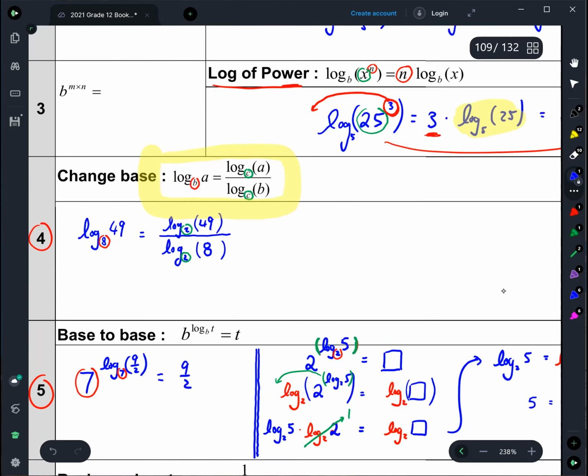Okay, so let's make up an example again, just a random example.